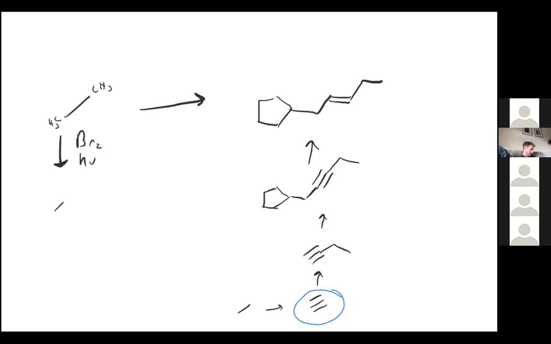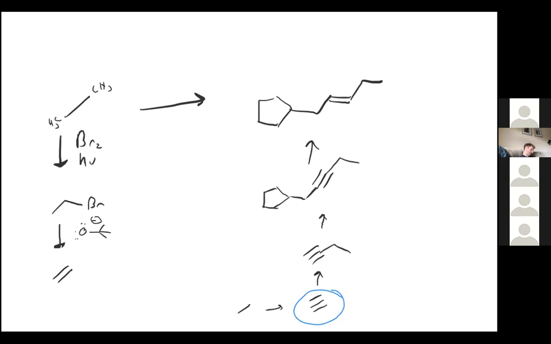It's going to put a Br on one of these 2 positions. They're symmetrical, doesn't matter which one. From here, we could make a double bond, throwing in any base. So let's just use the same one, the big one. And then going from a double bond to a triple bond, we're going to use the same pattern.